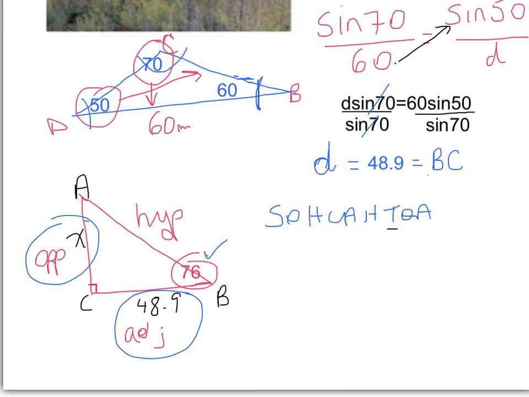So tan 76 equals opposite over adjacent. Now remember that since we have a fraction on the right side, we also need a fraction on the left side, and it's always going to be over 1.